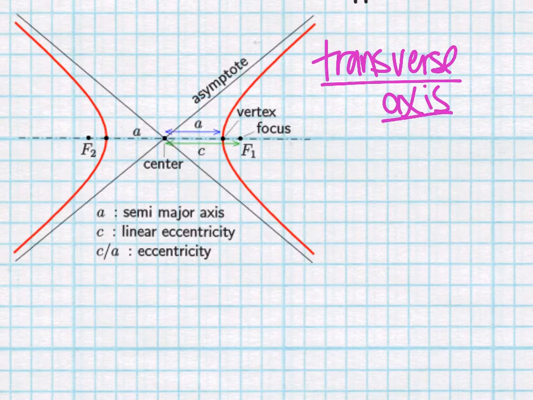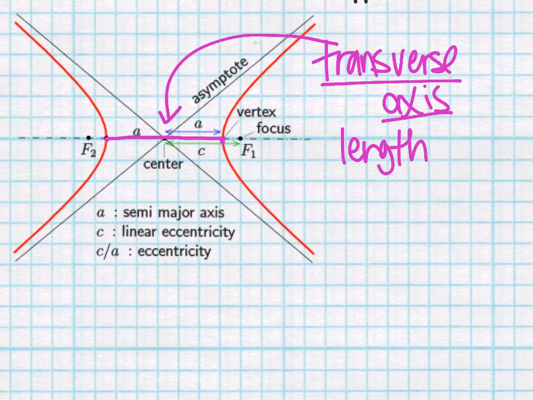So the transverse axis is the axis that is lying on the focal axis and connecting the vertices. So if I draw from here to here, that is my transverse axis. Its length is always, probably figured out looking at the diagram, 2a.